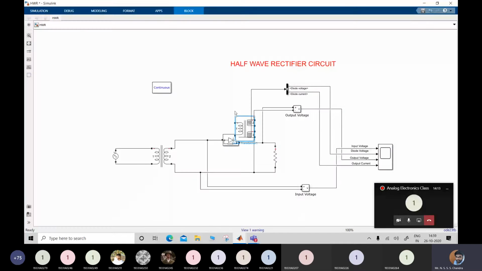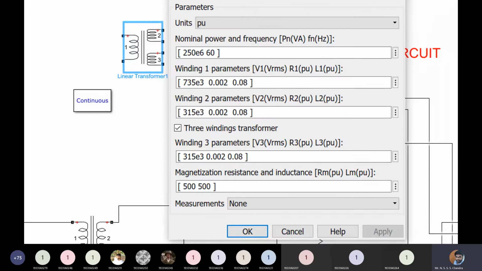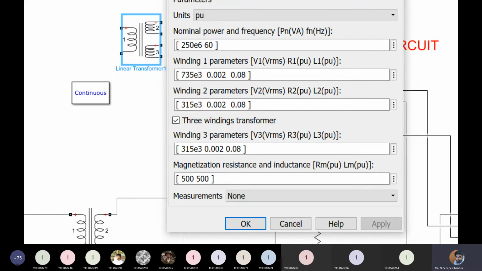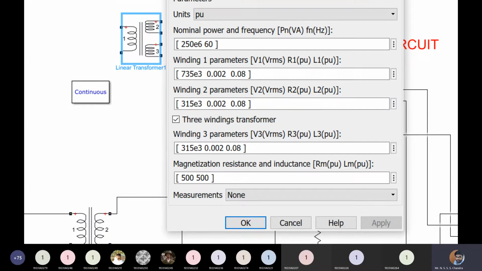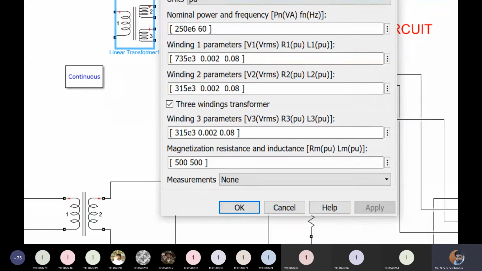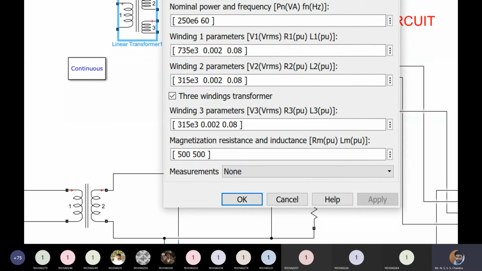If I open this linear transformer, can you see these values? The nominal power is 250 E6 in MATLAB. E implies 10 to the power, so it is 250 times 10 to the power 6, that is 250 MVA, and the frequency is 60 Hz. The winding voltages are in RMS values: 735 E3 means 735 kilovolt. Winding 2 is 315 kilovolt.